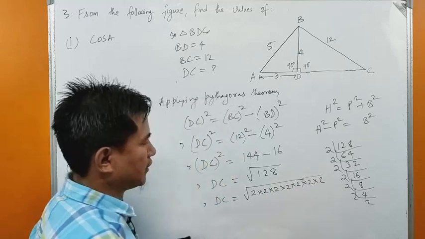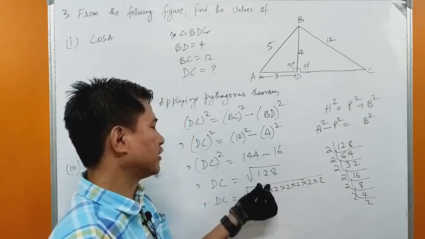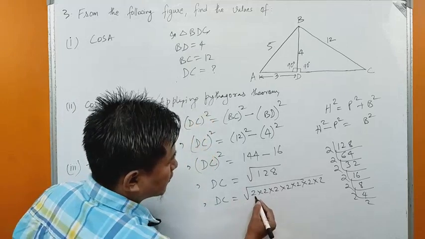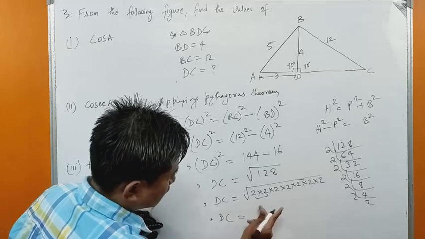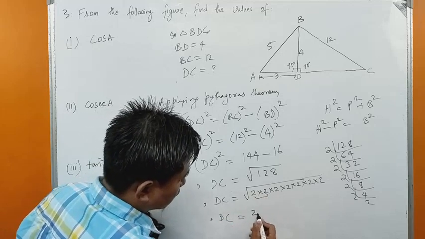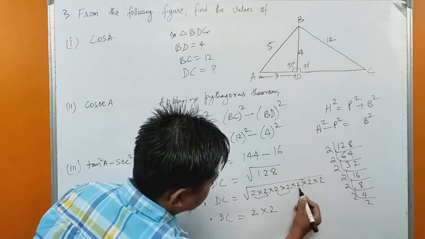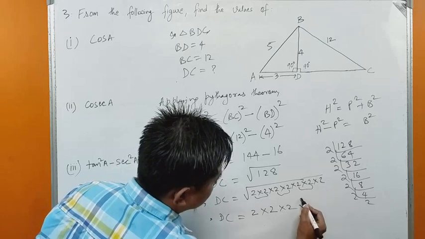When we multiply 2 seven times, we get 128. So root under 128 means 2 into 2 into 2 into 2, 7 times. Let us make the pairs, and free from the root. We make the next pair and free from root, next pair and free from root. Now this 2 doesn't have a pair, so this will remain within the root.